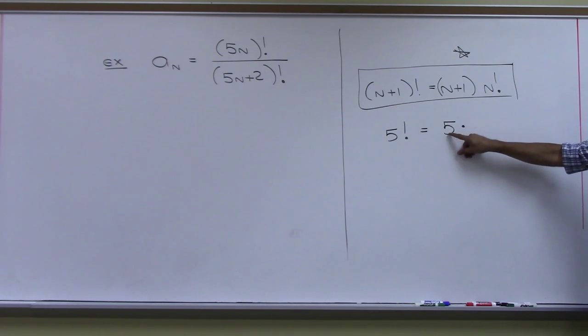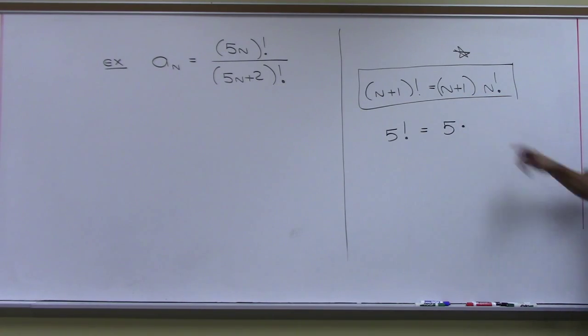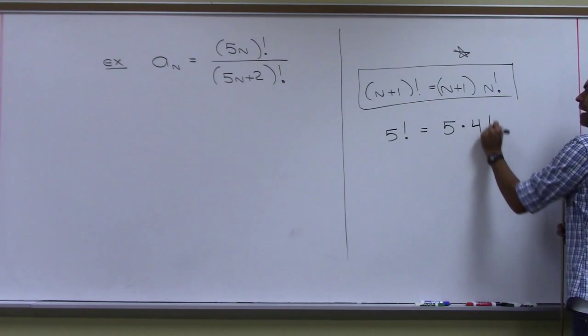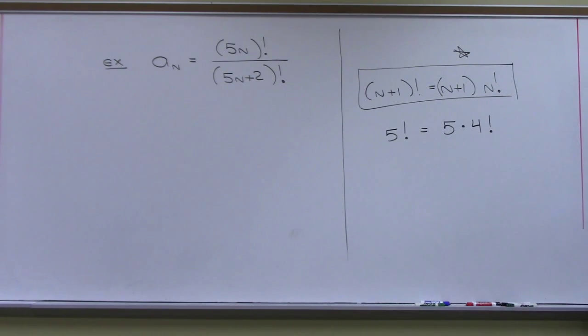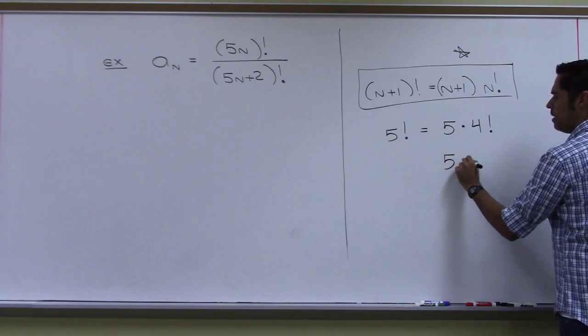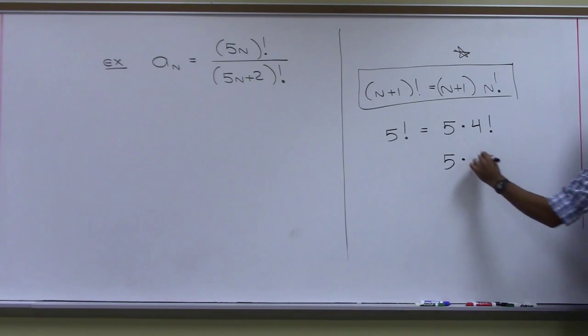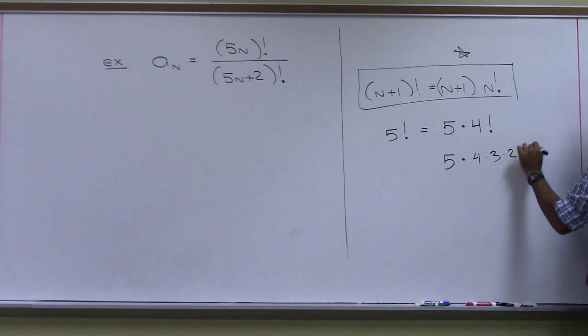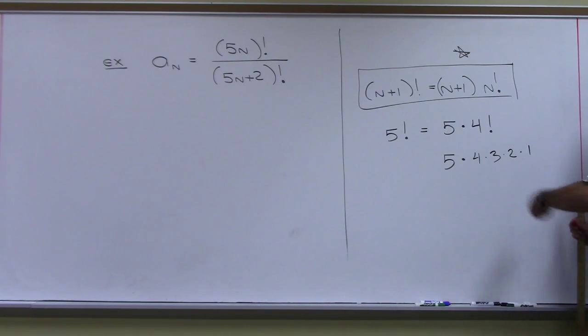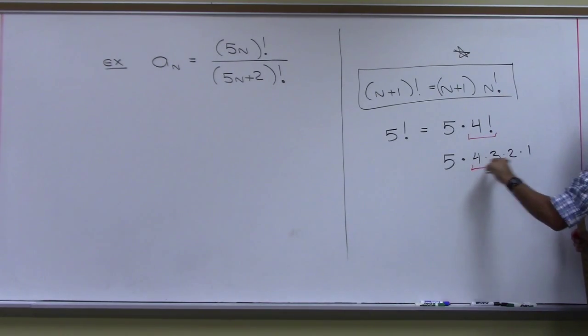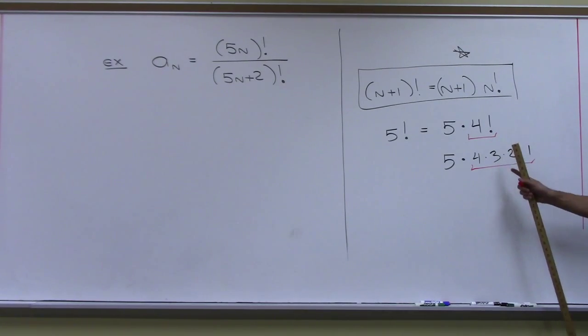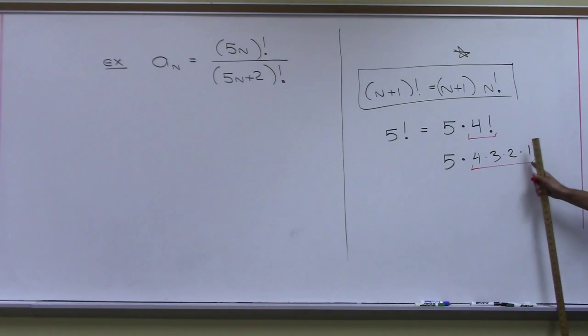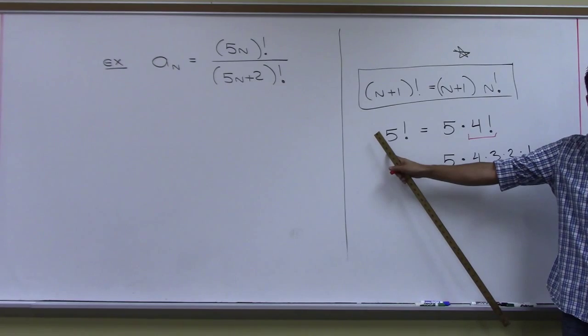If n plus 1 is 5, then what's n? 4. What, factorial? Do you all agree with this? What is 4 factorial? 4 times 3 times 2 times 1. So this piece right here, 4 factorial, is that. But if you put them all together, 5 times 4 times 3 times 2 times 1, it's 5 factorial.